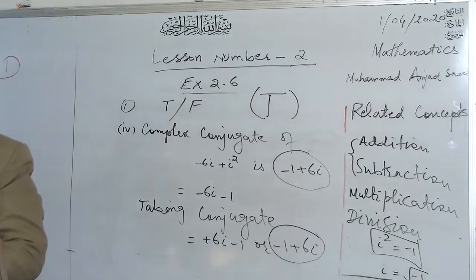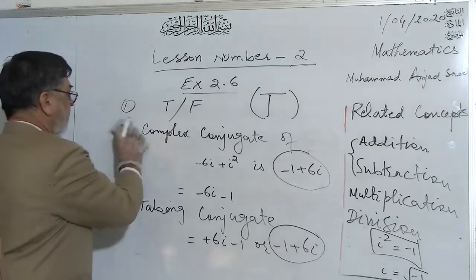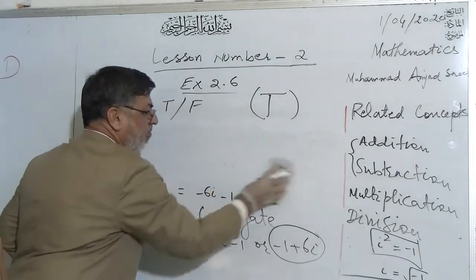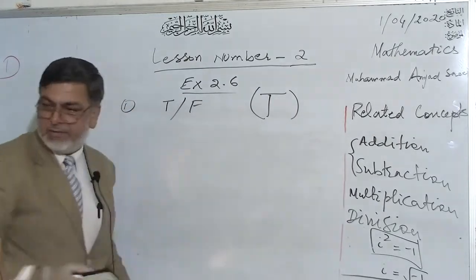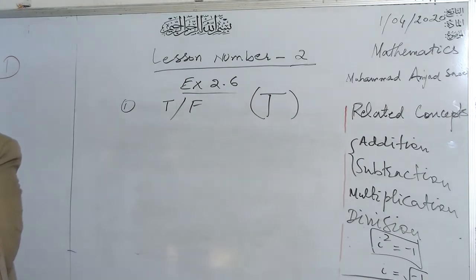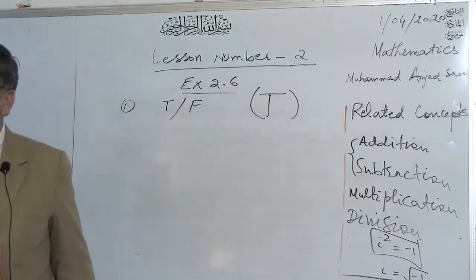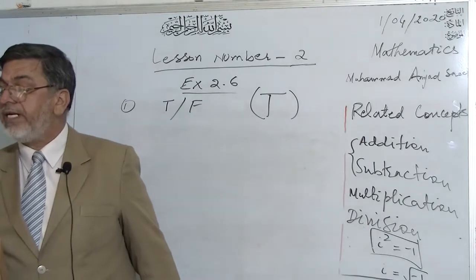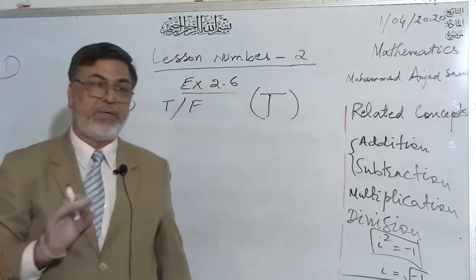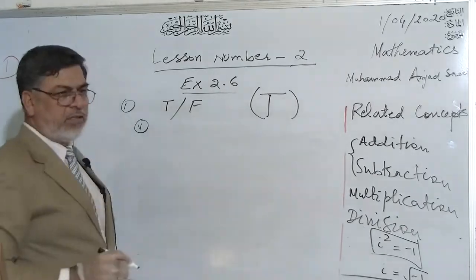After that, part number 6, or rather part number 5. The difference of a complex number z equal to a plus iota b and its conjugate is a real number. What is the question?